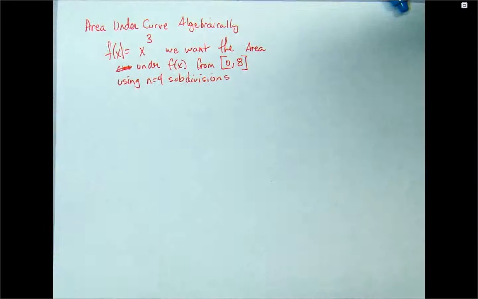Now, this is actually pretty simple to do algebraically. If we use a table, it's going to be a combination of numerical and algebraic approaches. So we're going to basically make a table.